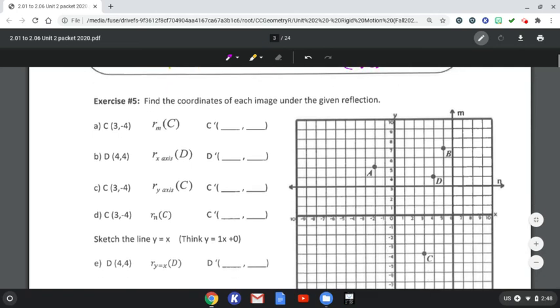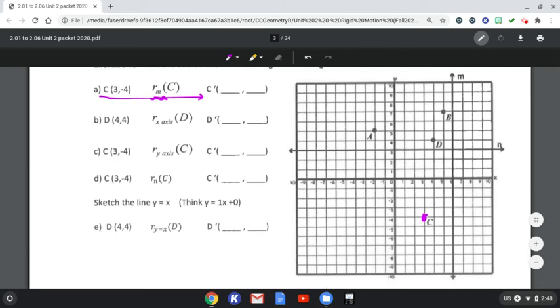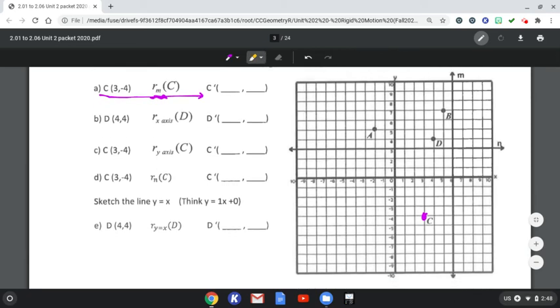So point C is this ordered pair already graphed for us, 3, negative 4. And what they want us to do here, if we read this across, is point C gets reflected over line M. So that little M is telling us to reflect over line M. And line M, I'm going to highlight, is this vertical line right here.